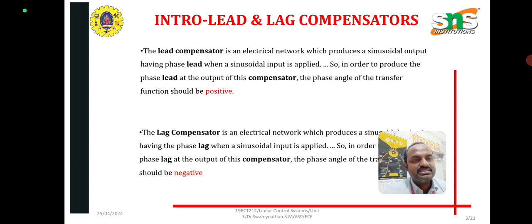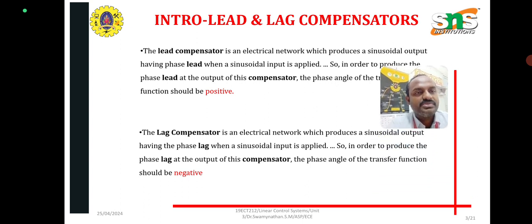Just the opposite, the lag compensator is an electrical network which produces a sinusoidal output having phase lag when a sinusoidal input is applied. To produce the phase lag, the phase angle of the transfer function should be negative. So lead means positive, lag means negative.